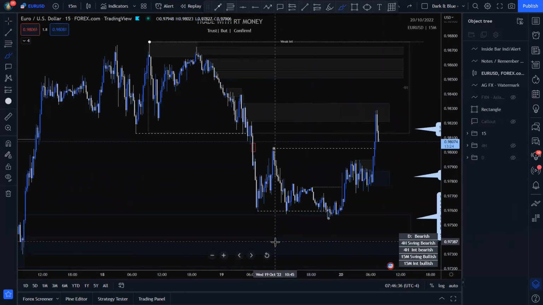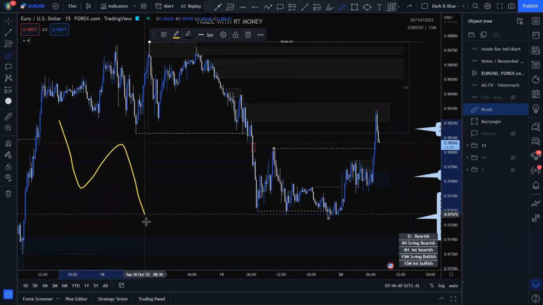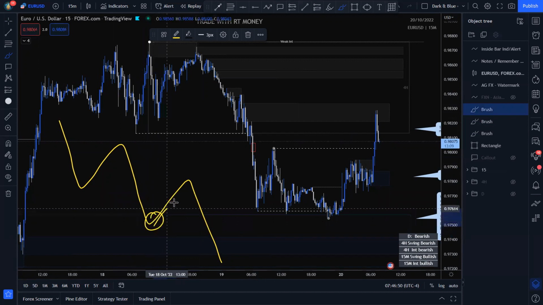Why is the lower time frame disagreeing? Because in a downtrend, the price needs to make a lower high in order for it to make a lower low.